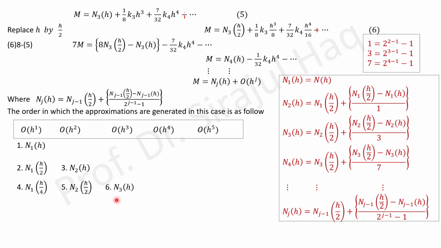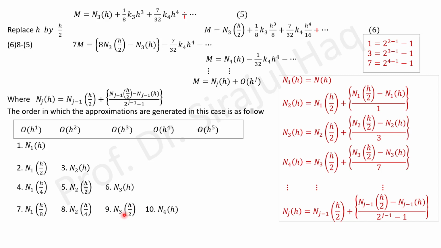Now you approximated M by N3 of h, but in this case error is of order h raised to the power 3. Now if your target is to find out error of h raised to the power 4, then what you have to do? You have to find out N4 of h. For N4 of h, j is equal to 4, you need N3 of h divided by 2. You need N3 of h. N3 of h you have computed in the previous step. N3 of h divided by 2 you have to find out.